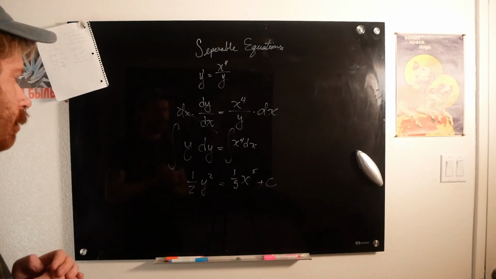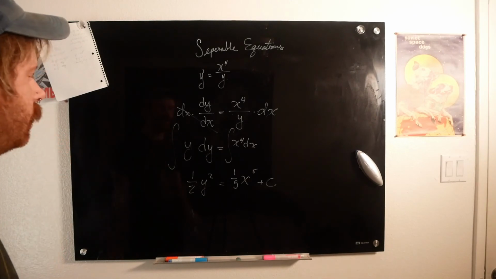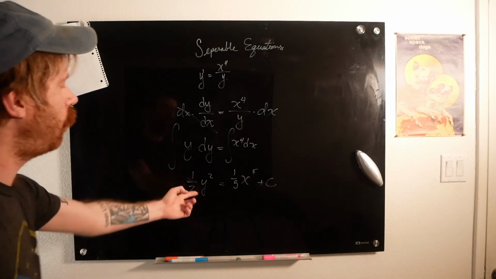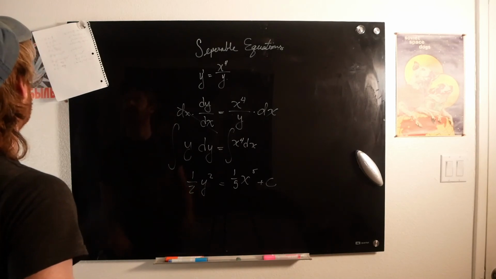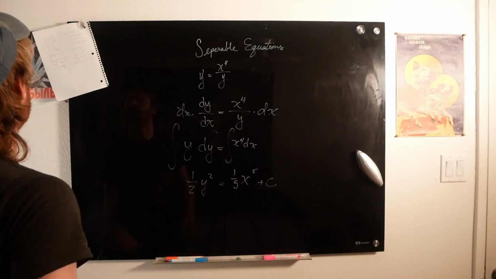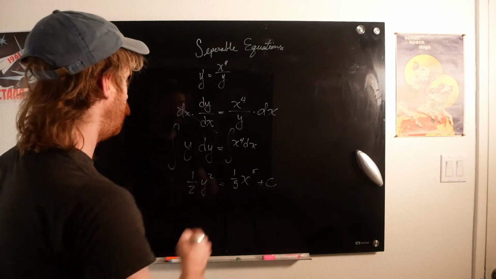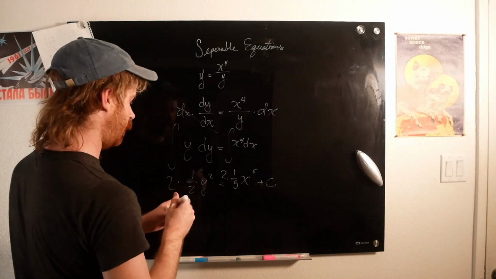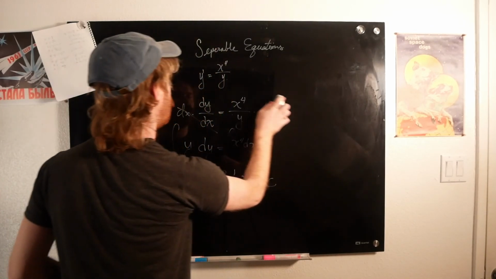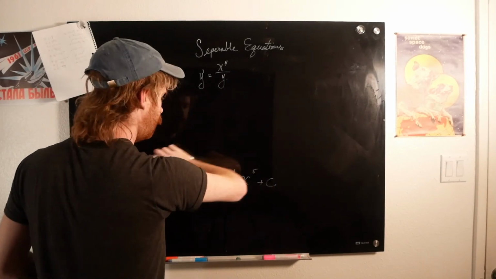Now, I know for the book, the answer says y squared equals, so basically what they did was just multiply both sides by 2. I'm going to erase this work up here real quick and write it above.